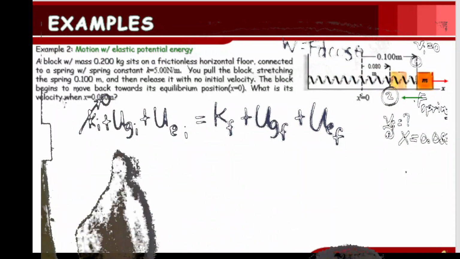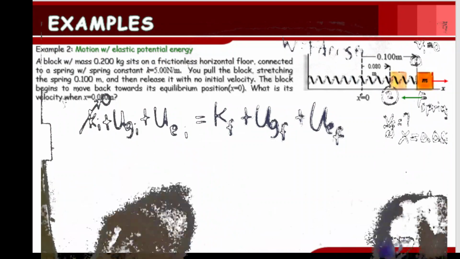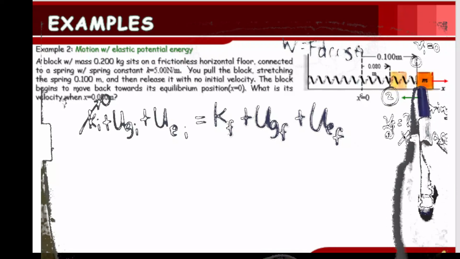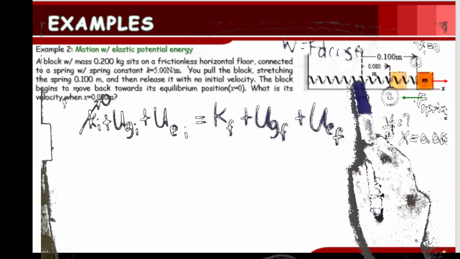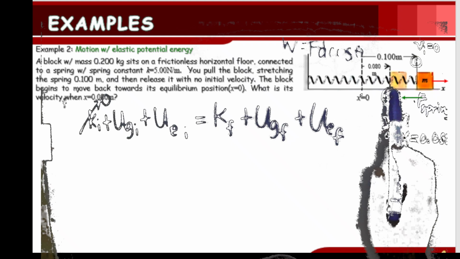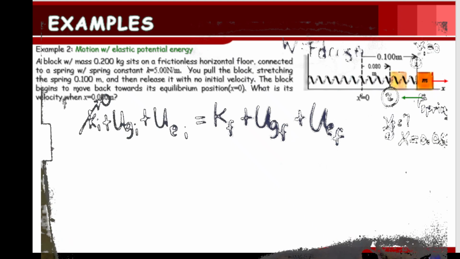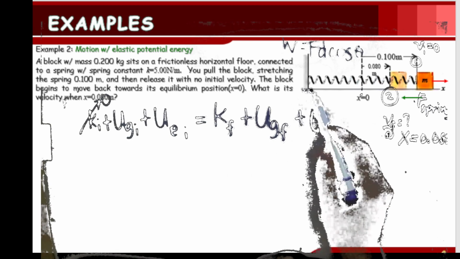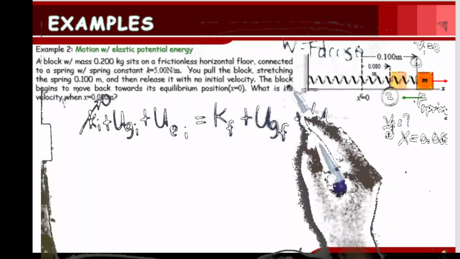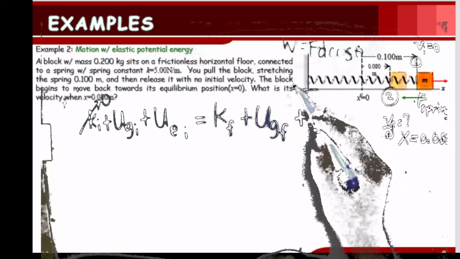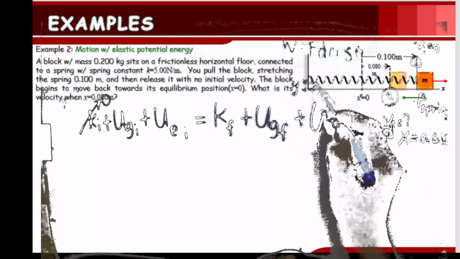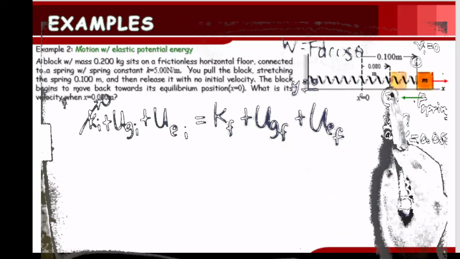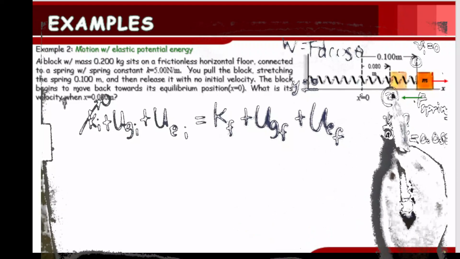Now, for our gravitational potential energy, take note, your y position at the first point is the same as your y position at the second point. If we let this level here be y equal to 0, in that case, at your initial position or final position, your y will still be 0.